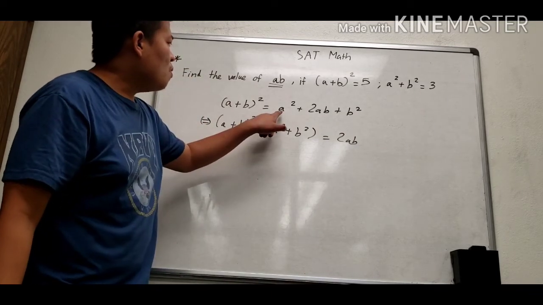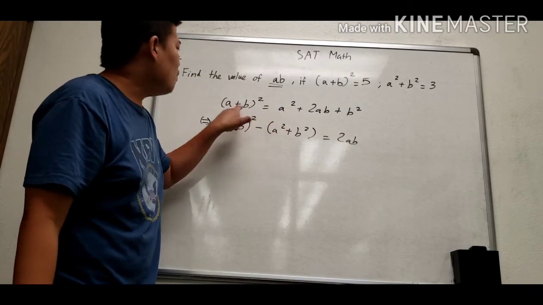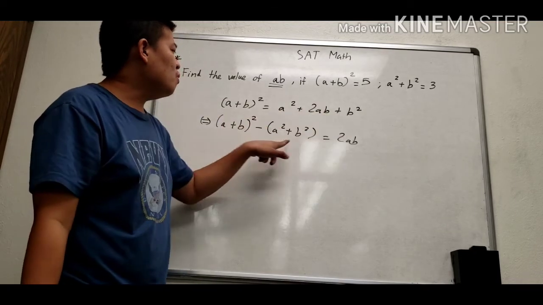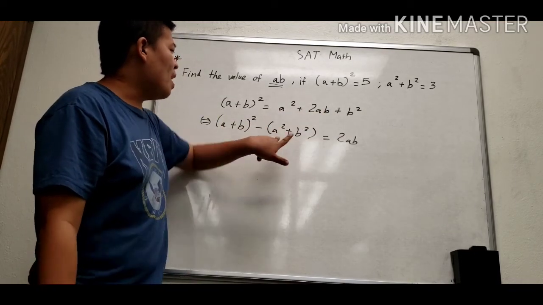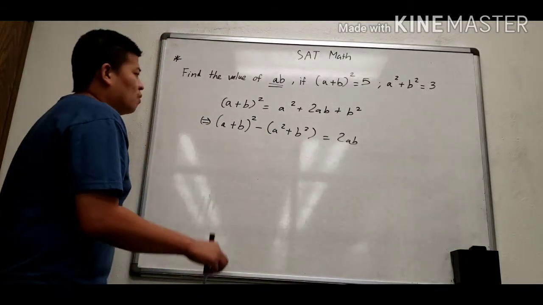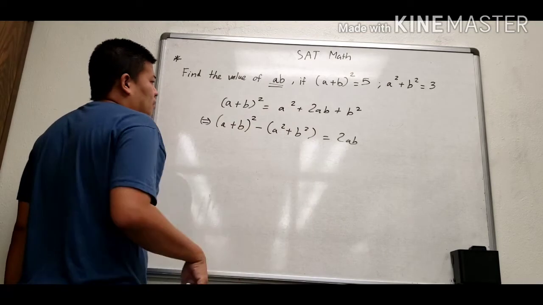Because when we move a power 2 from right to left, we have minus a power 2. Similar with b power 2, we have minus b power 2, and we have the parentheses in here, so that you can put the numbers in here.